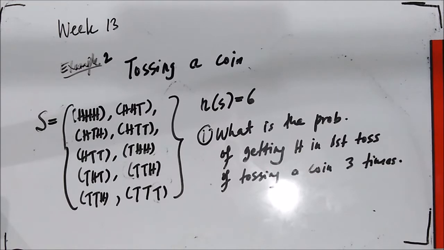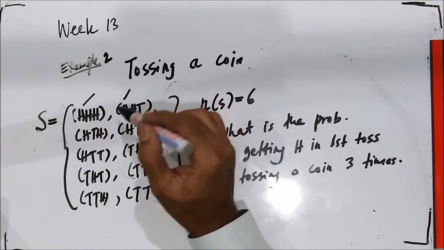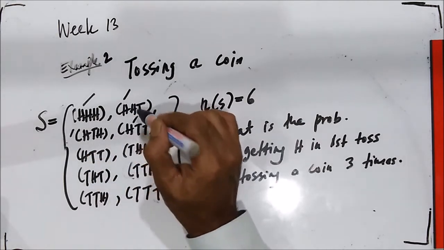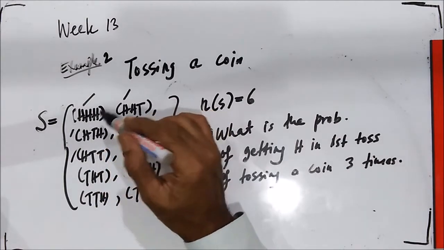So getting a hit in the first toss is this one, hit here, hit, and hit here. There are 1, 2, 3, 4, and 5.